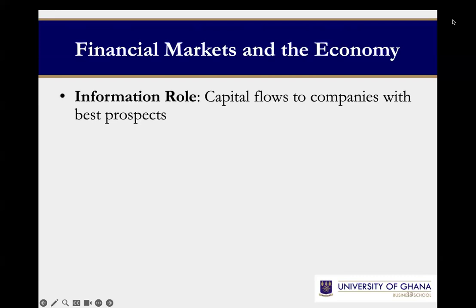And so with the financial market coming into place, the role it plays in the economy, one of the key ones is in the information role, meaning that capital flows to companies with the best prospects. So the financial markets provide an avenue where information will flow, etc., to allow money to look for the most profitable prospects for people to invest in.